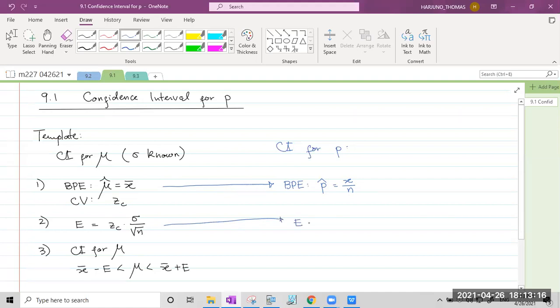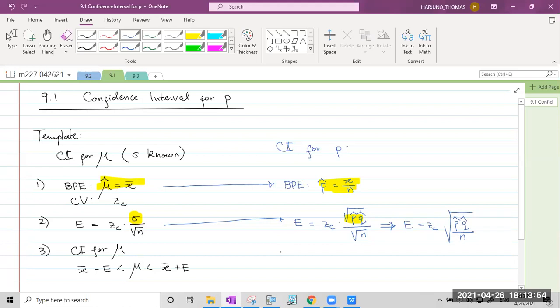It will be the same critical value times, instead of sigma, square root of p hat q hat over n. We usually say the margin of error equals the critical value times the square root of p hat q hat over n.